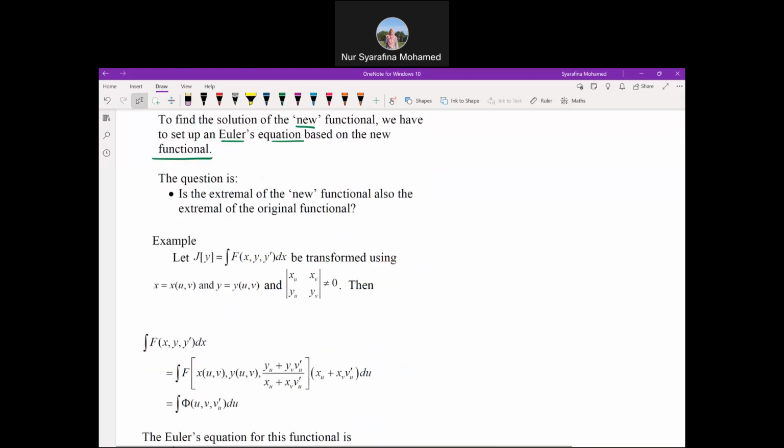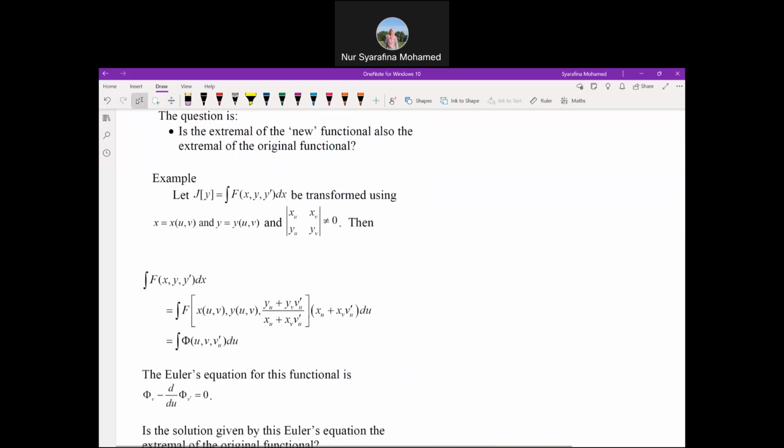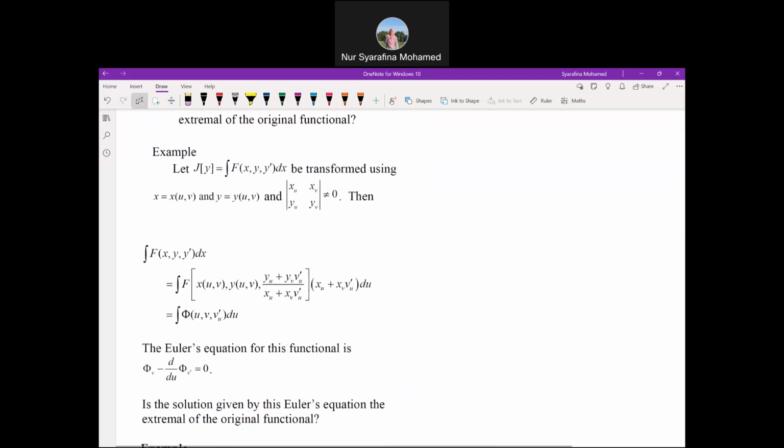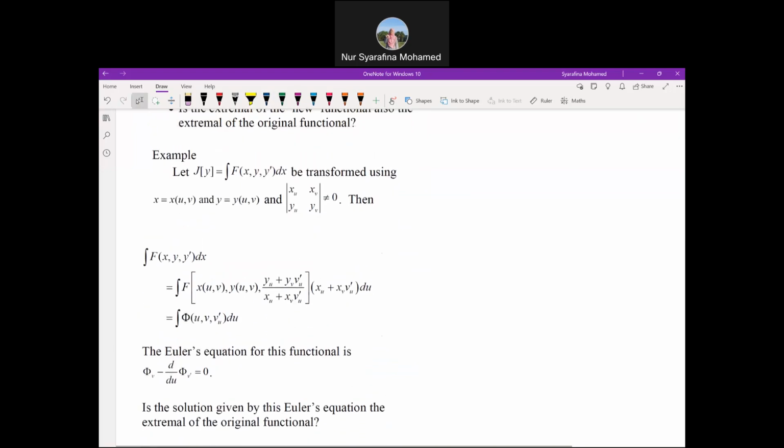Now, previously, what we have been doing is having a functional that consists of x, y, and y prime.